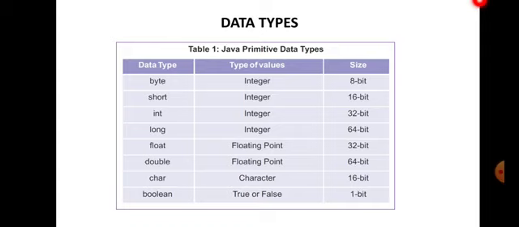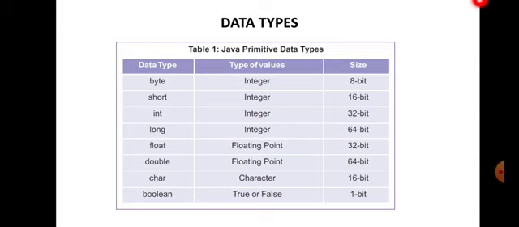Point number 3, it contains boolean, that is yes or no. That is, when you toss a coin, you can have either head or tail, which is called the boolean. And numeric type, which is in the form of integer, float, and then character. Now you have understood what is called a primitive data type. That is, a primitive data type will have only a single value.